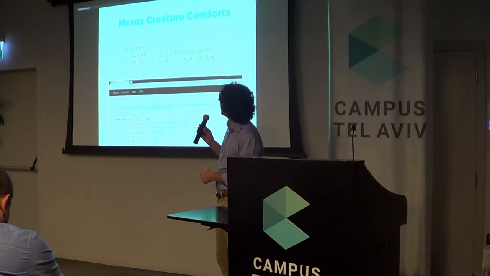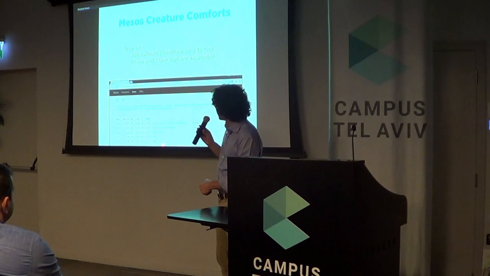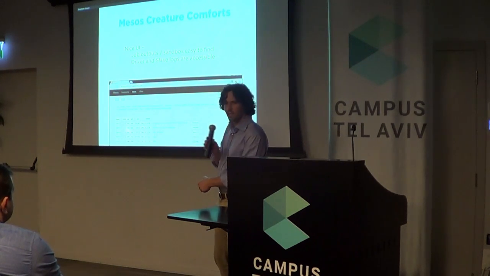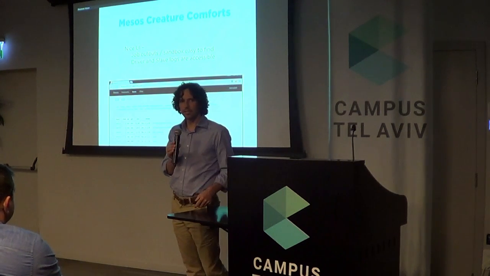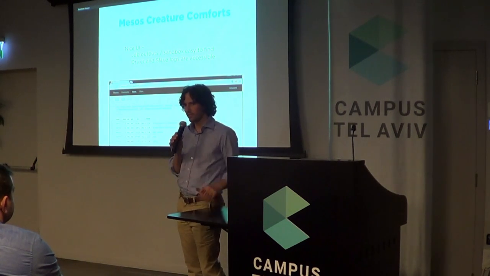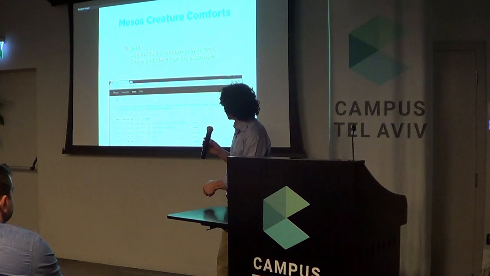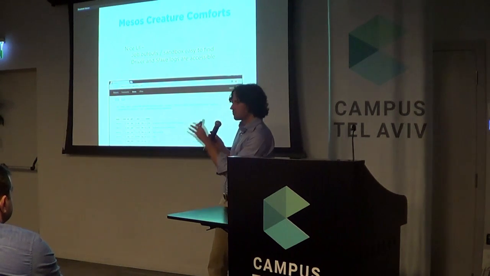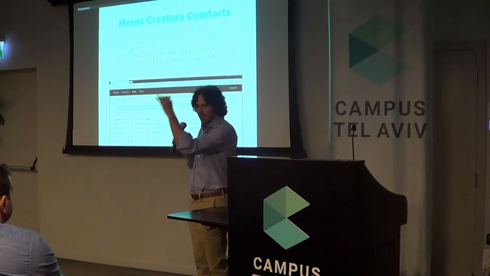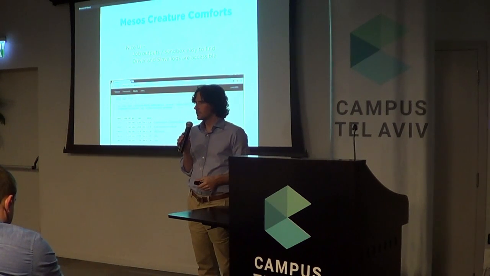Some of the things that I really like about Mesos: the UI is really nice. For every one of your jobs, you can very quickly go find the error logs. When the job fails, you can just drill down very quickly and find out what went wrong. You can click on the standard error here, and it brings up a live update of what's coming out of your job.